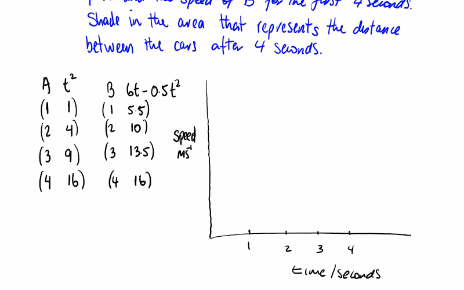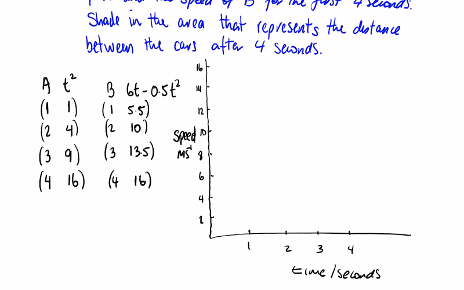We need to go up to 16, so let's go up in twos: 2, 4, 6, 8, 10, 12, 14, 16. They look pretty evenly spaced. You will use graph paper in an exam anytime you're asked to draw a graph.